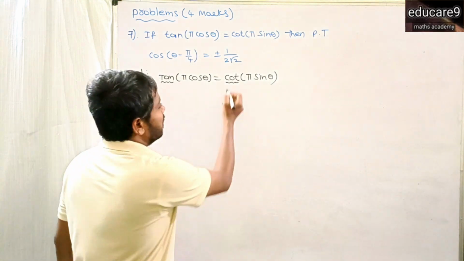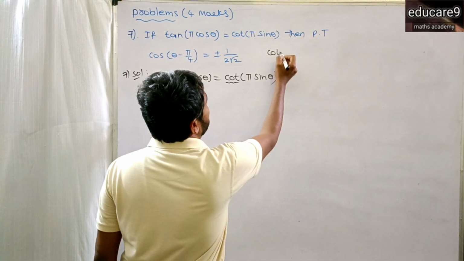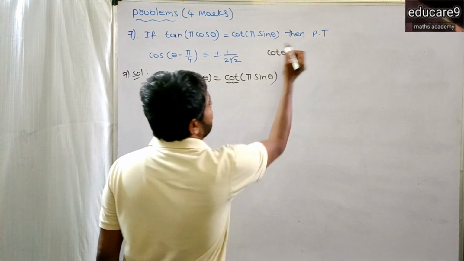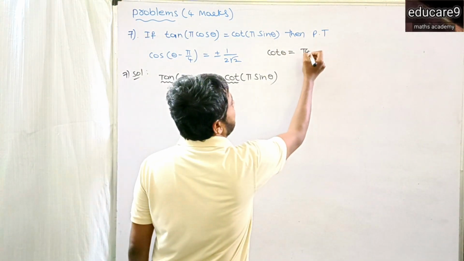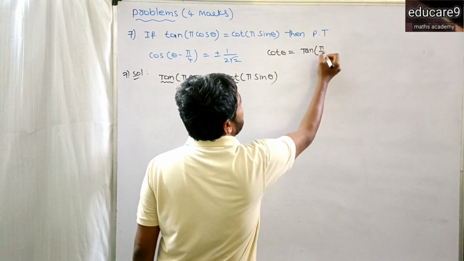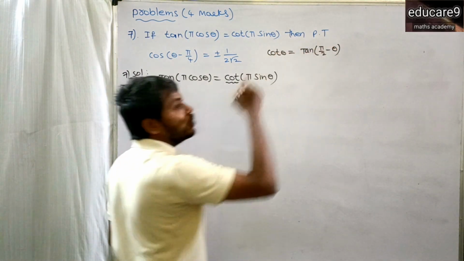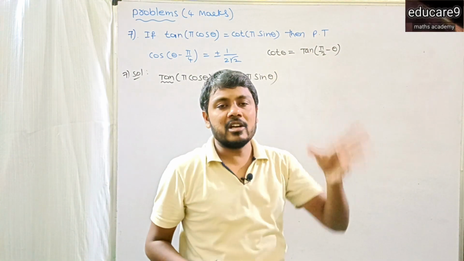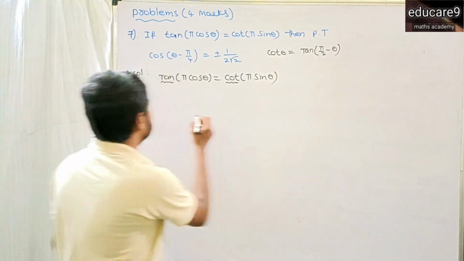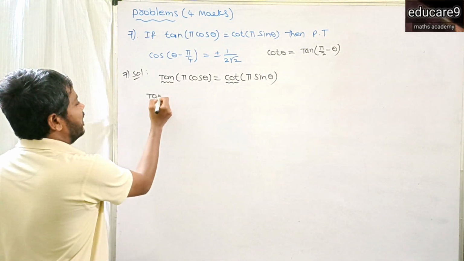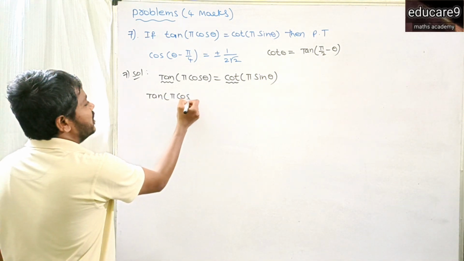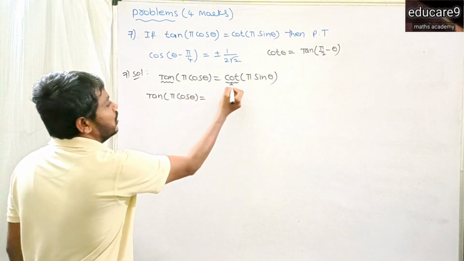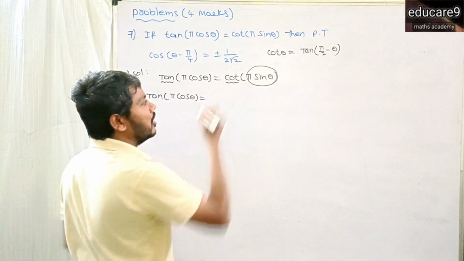Now clearly we know that cot theta can be written as tan of 90 minus theta, that is pi by 2 minus theta. We know tan of 90 minus theta is what? Cot theta. Now which is tan of pi cos theta. How to write cot theta?